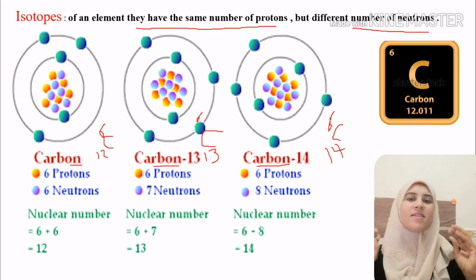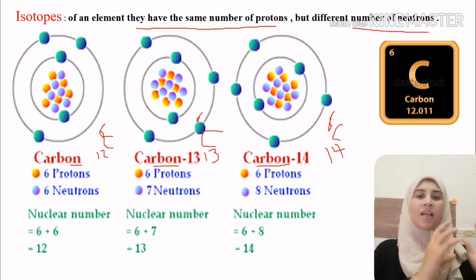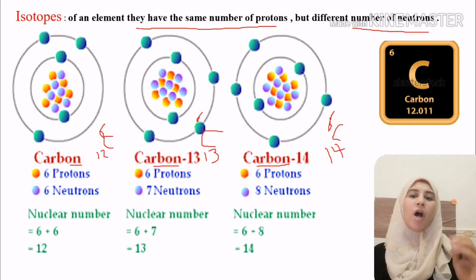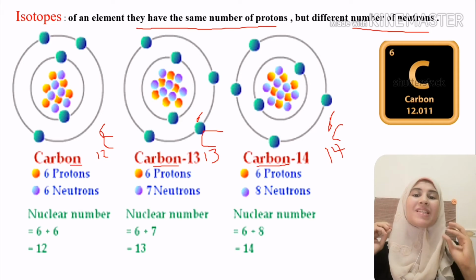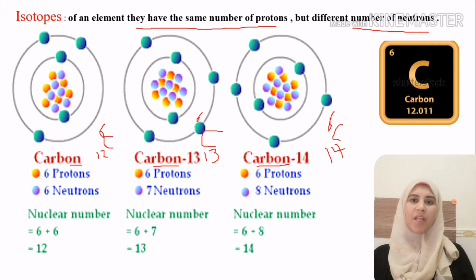All of them are similar in their atomic number. All of our isotopes have 6 protons, which is their atomic number. But our atomic mass is different.